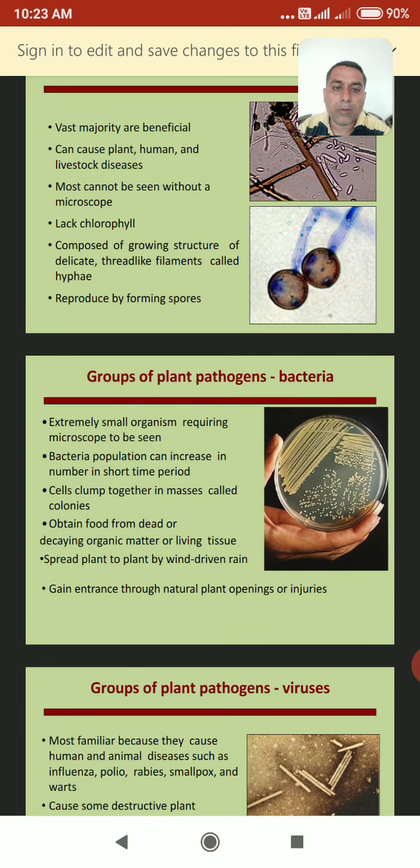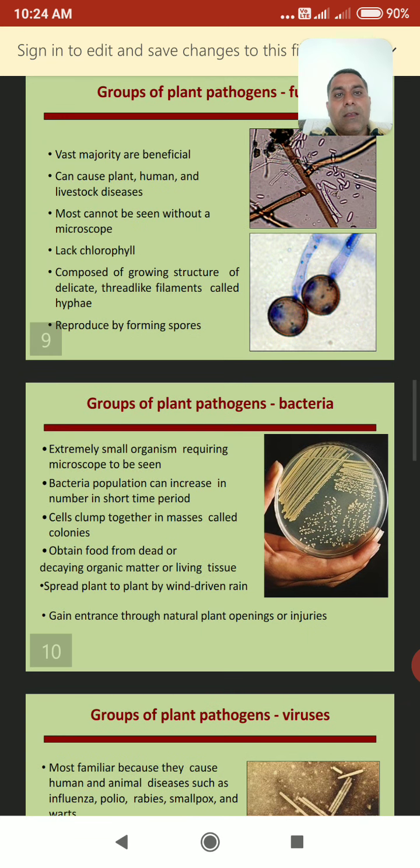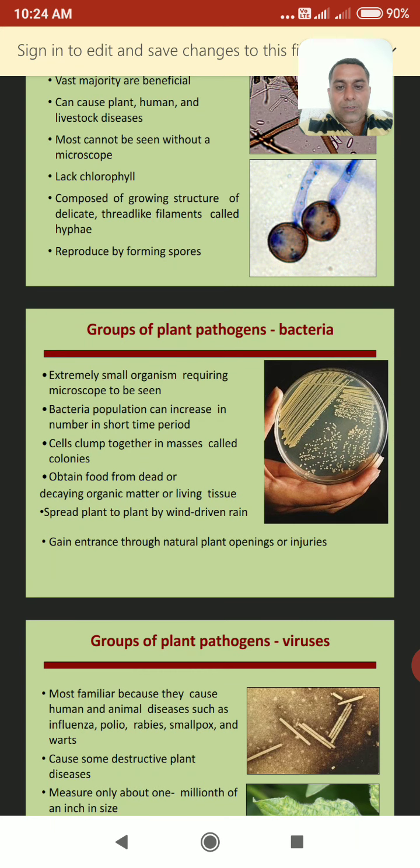They spread from plant to plant by wind or driven rain and gain entrance through natural plant openings or through injuries. That means it enters the body of the plant by injuries or by natural openings. Last time we have also seen the characters of bacteria, how bacteria reproduce, and what bacteria is. Okay, now this is the role of bacteria as a pathogen for disease causing.